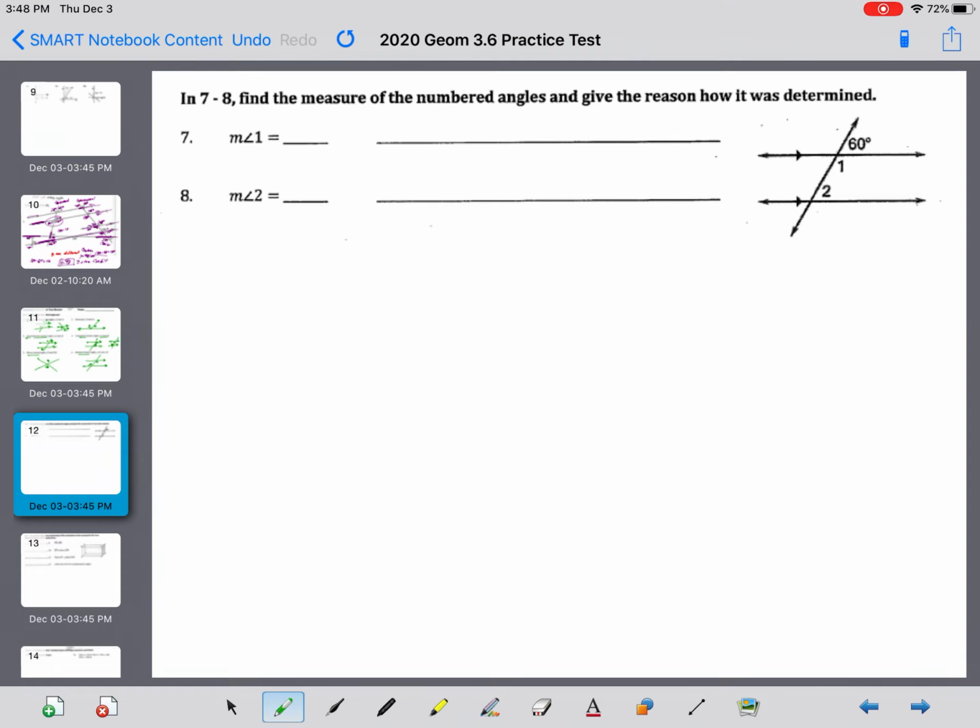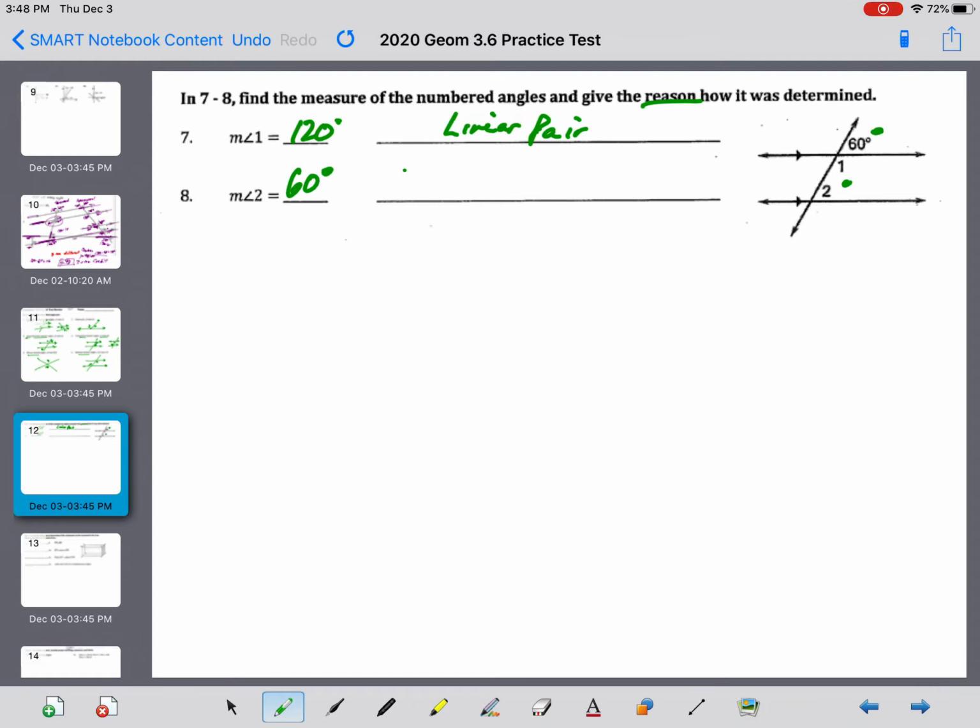Up here, number 7 and 8. Okay, angle 1, and then we have to find the angle and give the reason. So the reason is what type of angle you were thinking of when you answered it. Angle 1 is 120, and I thought about a linear pair with the 60. So that's what I'm going to put for my answer. And then angle 2 is 60.